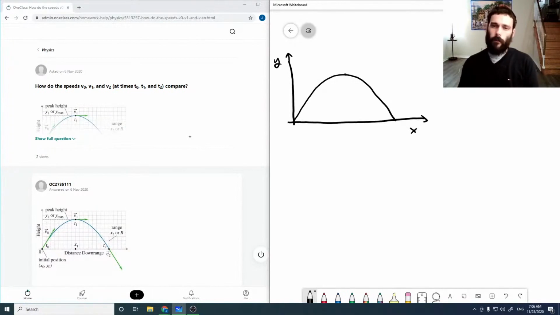And we have tangential velocities here, here, and here. This tangential velocity is not very tangential for me, so I'm just going to make it a little bit more tangential.